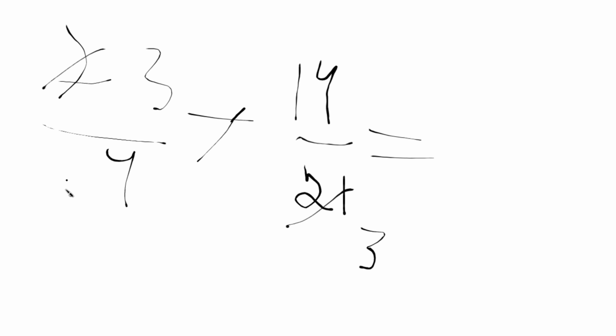And then these two we can't because 4 doesn't go into 14 evenly. So now we're going to do 4 times 3, which is 12.